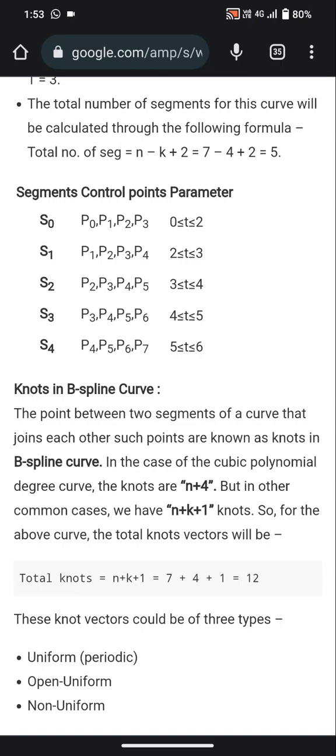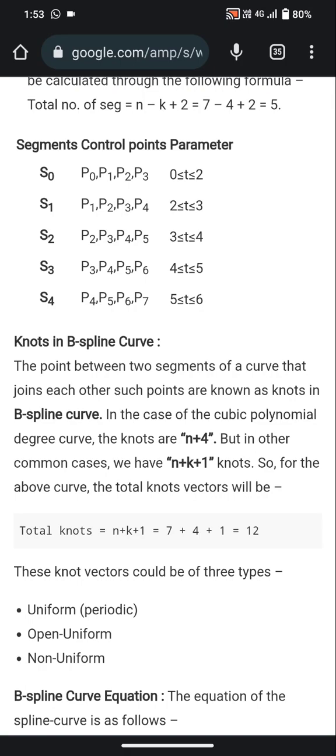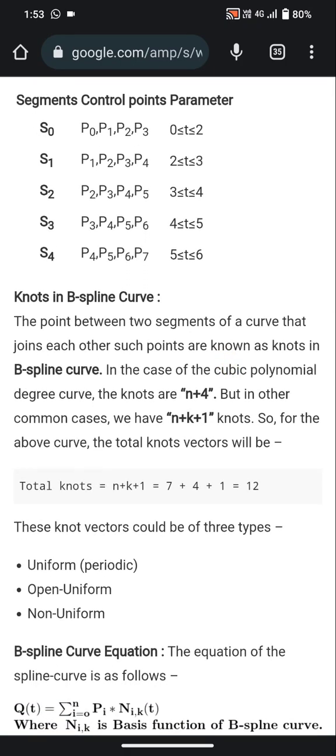For S2, P2, P3, P4 and P5, where 3 is less than or equal to t and t is less than or equal to 4. For S3, P3, P4, P5 and P6, where 4 is less than or equal to t and t is less than or equal to 5. And for S4, P4, P5, P6, P7, where 5 is less than or equal to t and t is less than or equal to 6.